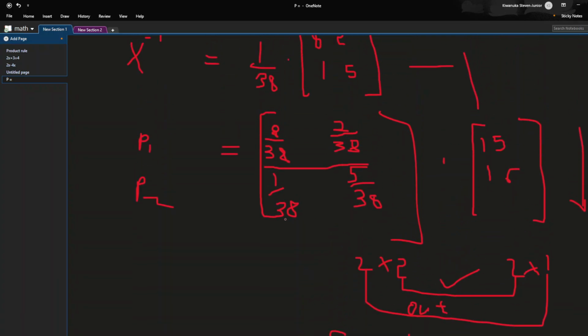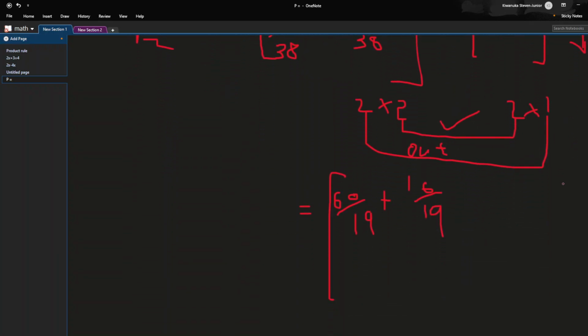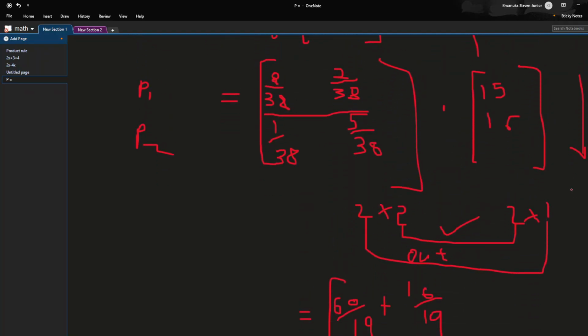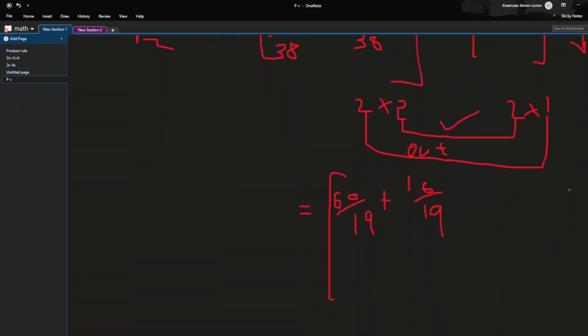Then we also go row by column. We have 1 out of 38 times 15, and we get 15 out of 38.